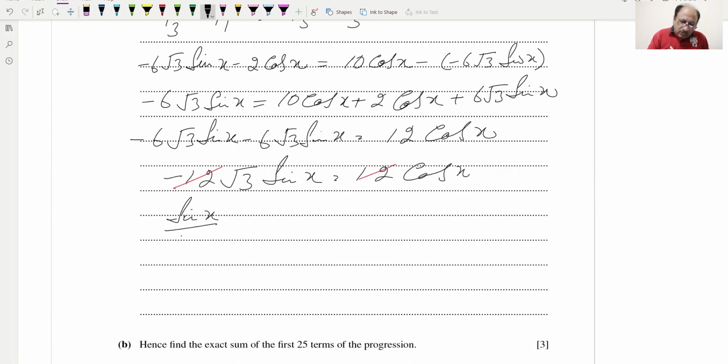is equal to minus 1 over under root 3. We will shift under root 3 to the other side.